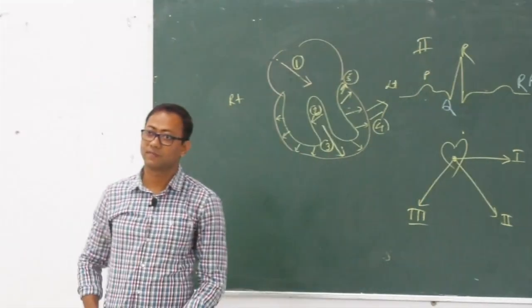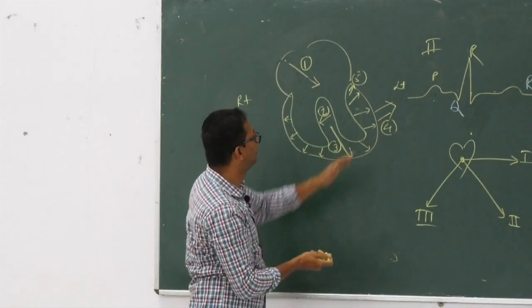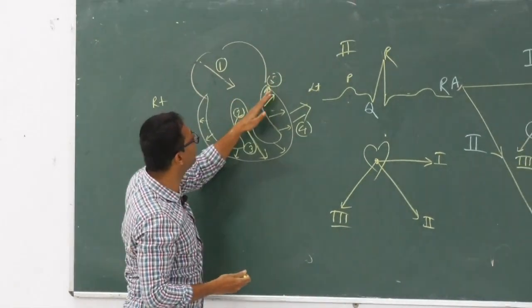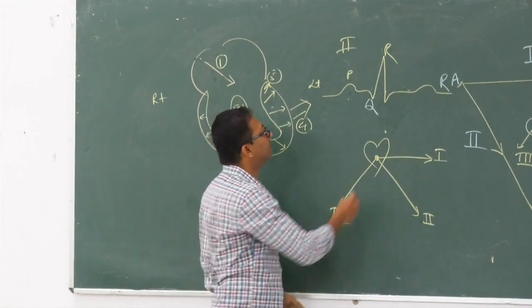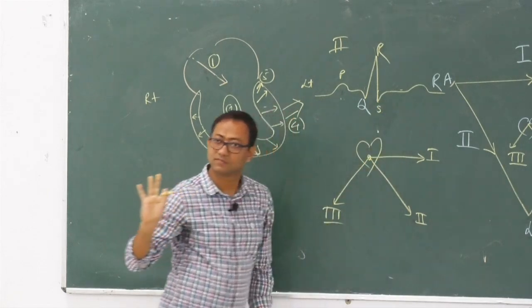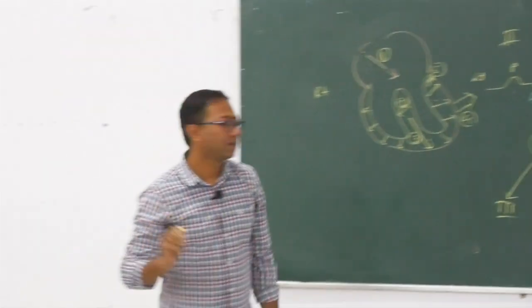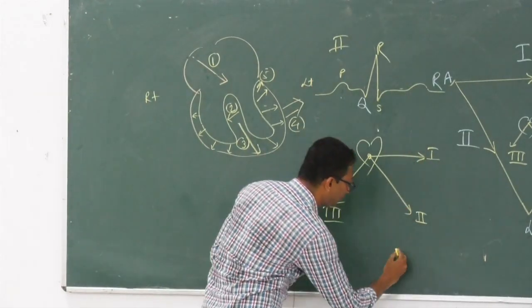R. Here, fourth and fifth vectors, both are moving away, almost away from lead 2. So you get a slight negative deflection. Yes. So this is how the wave looks like in lead 2.